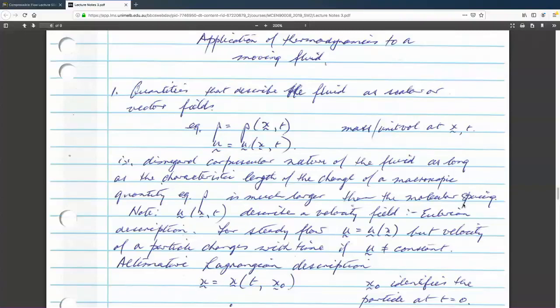What is a vector field? Well, a vector field is simply that at every one of these points, there is not only a scalar, there is a vector. And a vector is an object that looks like a step in space. It has a direction and it has a magnitude.